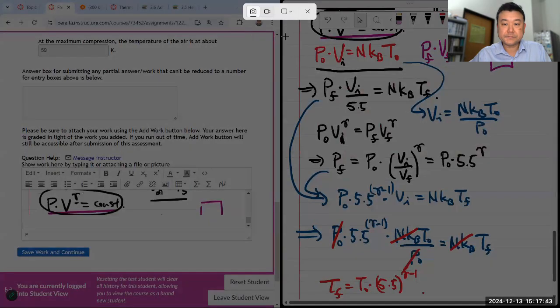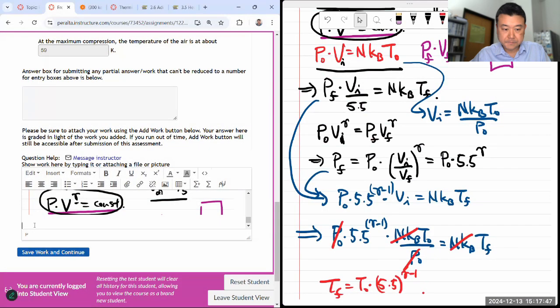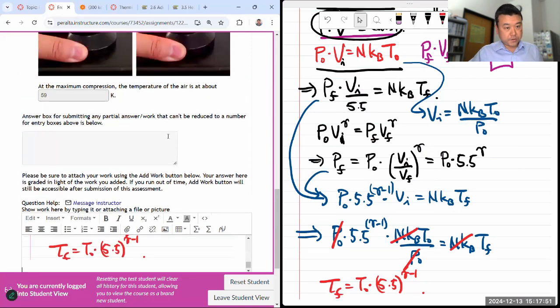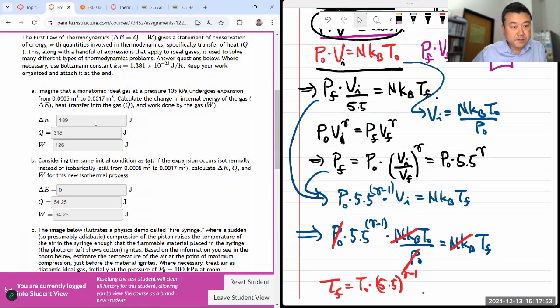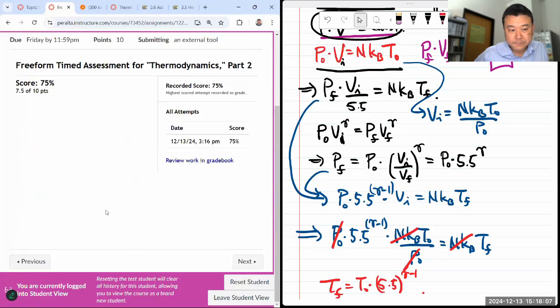Alright. Let's paste this in, and then I'll save work and continue. So I should have gotten, it's got 1, 2, 3, 4, 5, 6, 7, 8 parts, of which I got 6 right. So, is that 3/4? 75%?